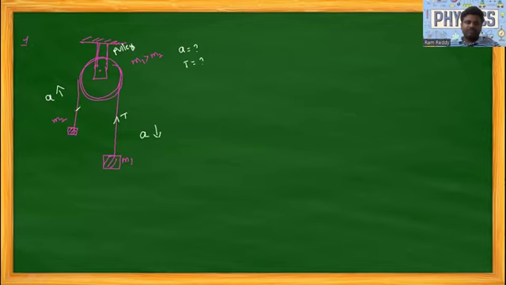Tensional force will be there on both sides. Tensional force means whenever we apply some external force on the object, it produces an opposite force.